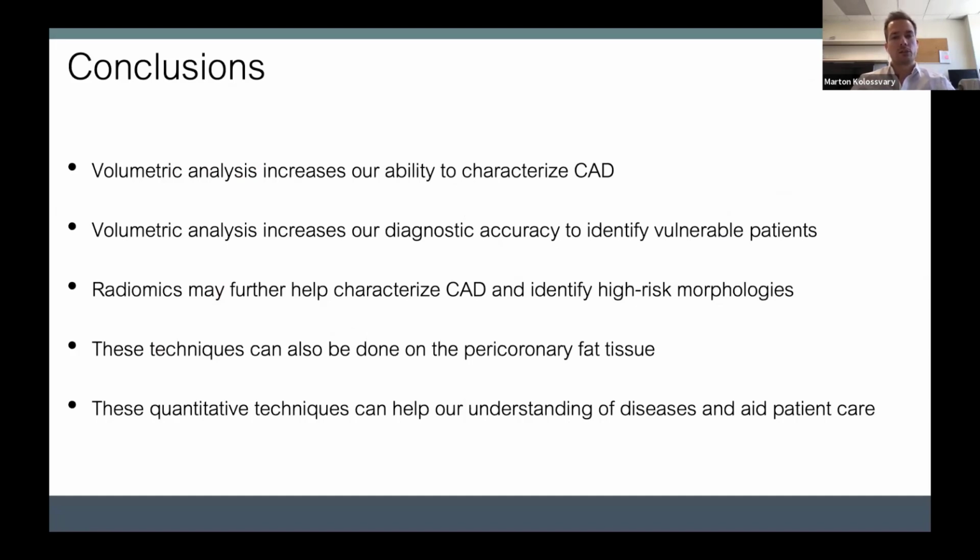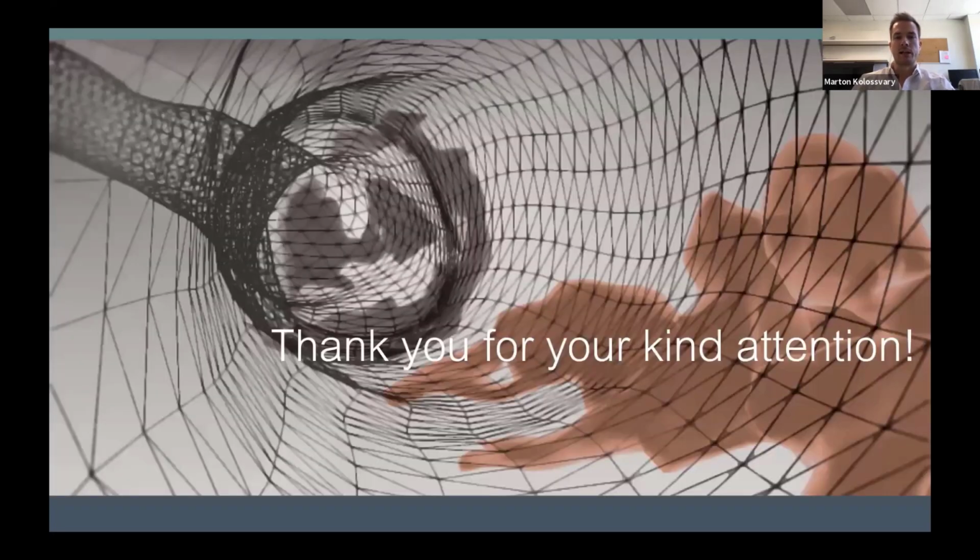And it's not only the actual plaques that we're interested in, but also the pericoronary tissue, which seems to be of interest. And using this information, hopefully in the future, we will be able to provide more specific personalized care for our patients. With that, I would like to thank you for your kind attention and give over the talk to Parastu.